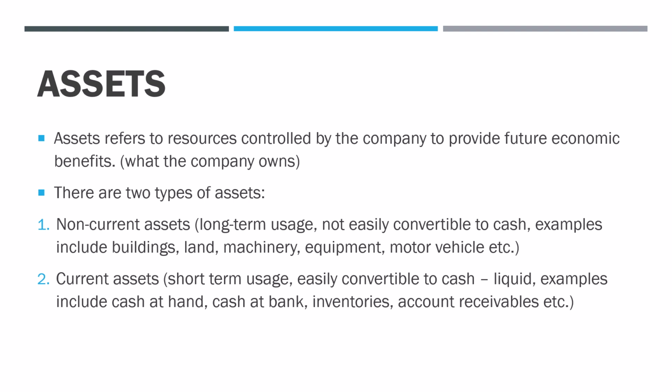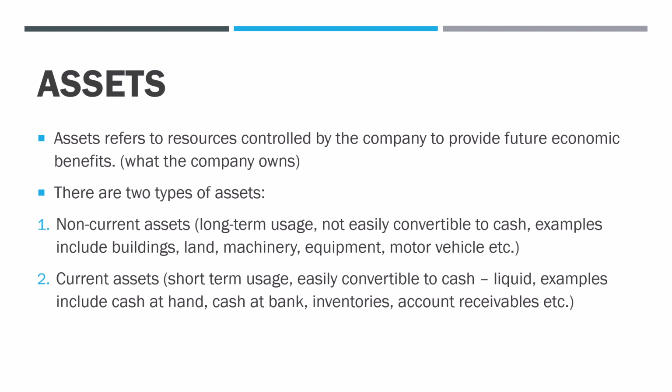Assets can be divided into two main types based on how quickly or easily they can be converted into cash or used up. First, there are non-current assets. These are assets that the company intends to use for a long time and they are not easily convertible to cash.